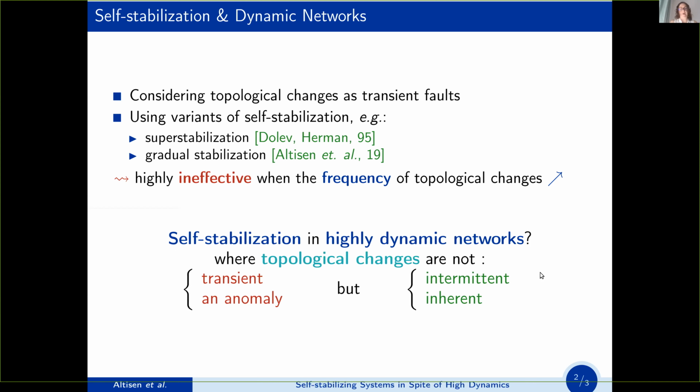So our question was, can we do self-stabilization in highly dynamic networks where the topological changes are not transient, but are intermittent, and where we cannot consider them as an anomaly, but they are completely inherent to the system?